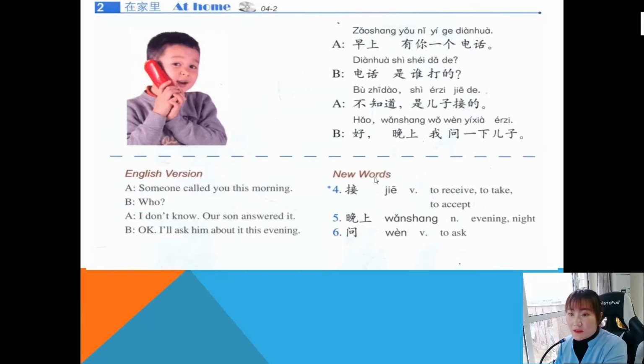So second text, at home. 早上有你一个电话，电话是谁打的 So someone called you this morning. Who? 电话是谁打的 So this deleted or ignored something. So who called, right? And this one, 不知道，是儿子接的。I don't know.